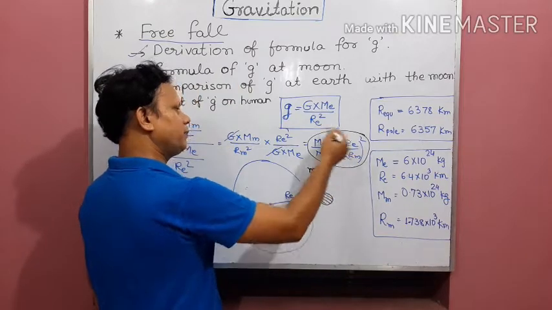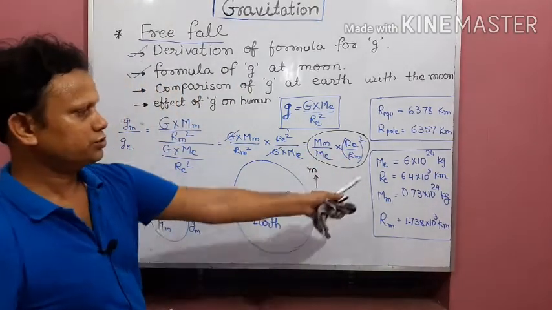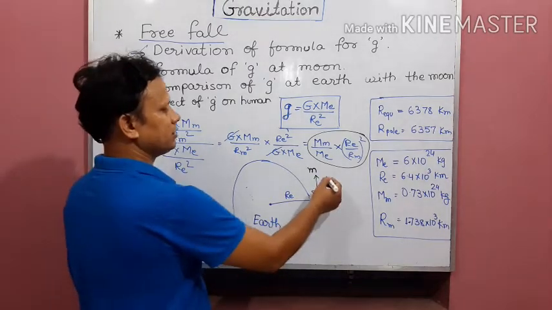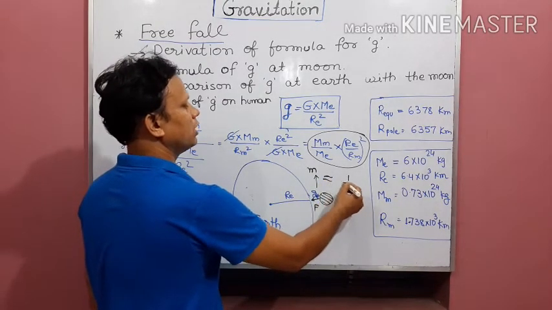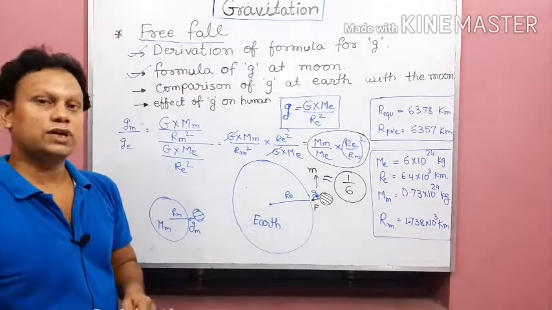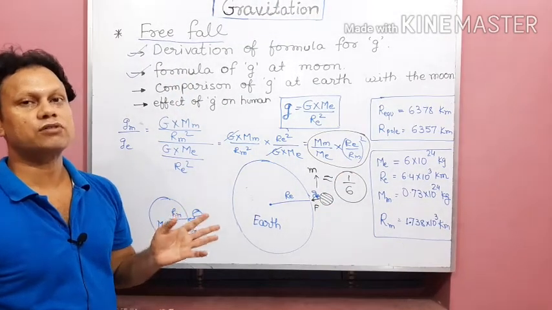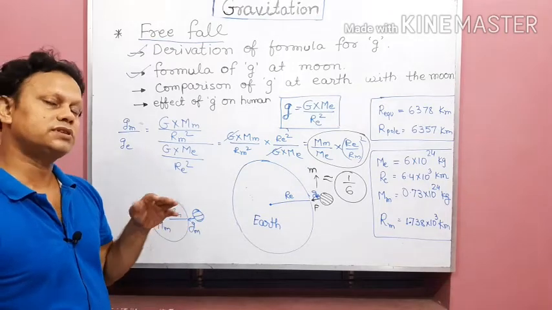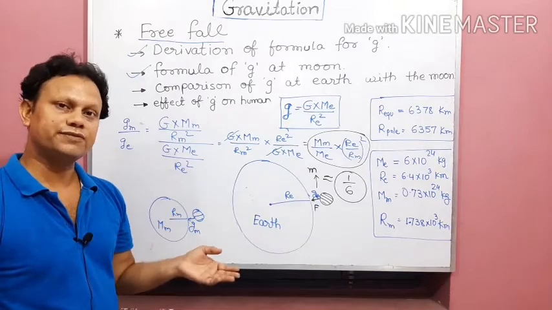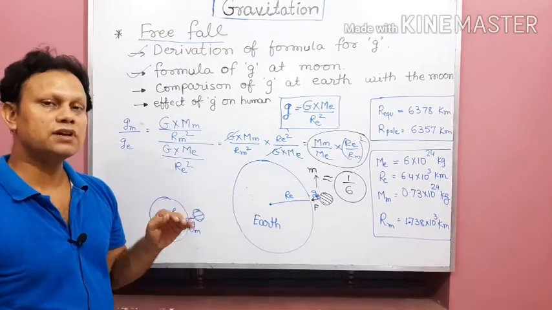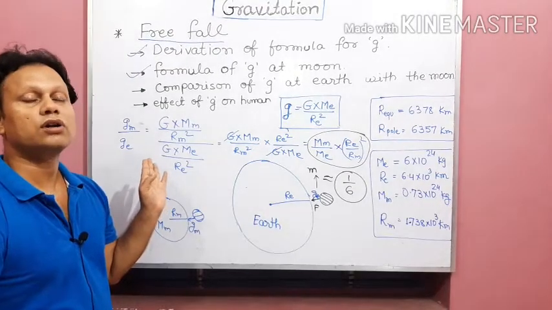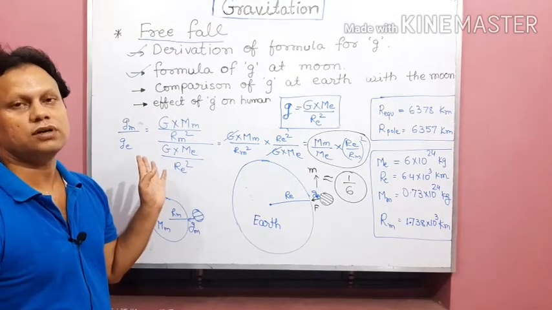Now when we substitute these terms by their values, we are going to get a relation of almost 1/6. Okay, so acceleration due to gravity has a relation of 1/6. That means the acceleration produced by the moon on any object on its surface is 6 times weaker than the acceleration produced by the earth on any object on the earth's surface.